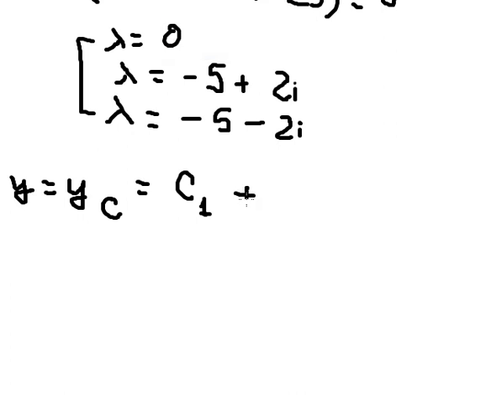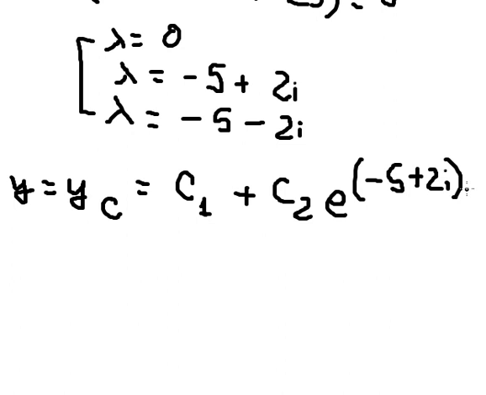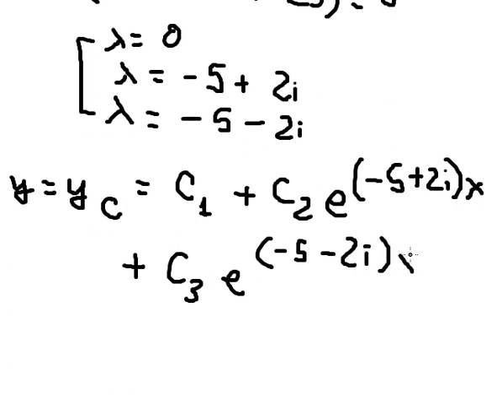The next one we have c2, the constant number 2, e to the power of negative 5 plus 2i s. And we have c3 e to the power of negative 5 minus 2i s.